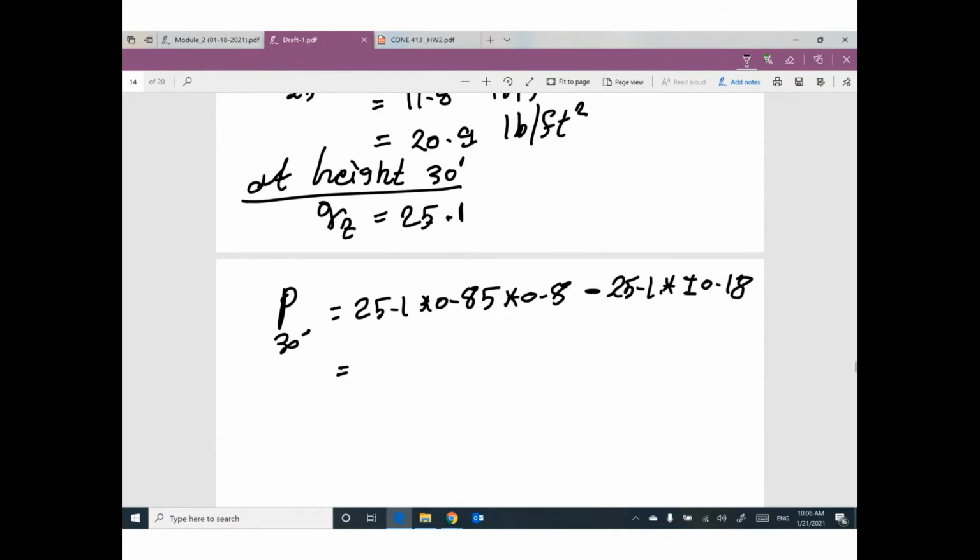You will get two values. So 12.6. The second value is 21.6 pounds per square foot.